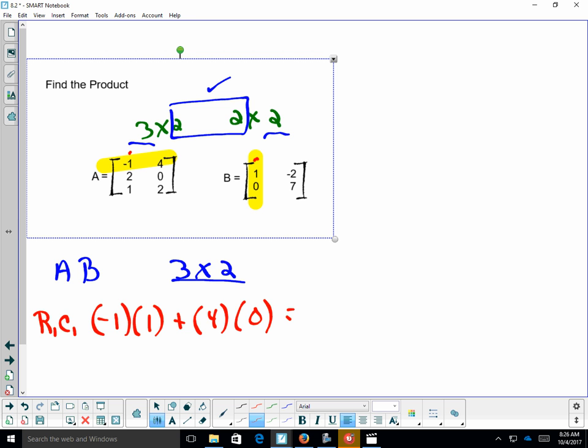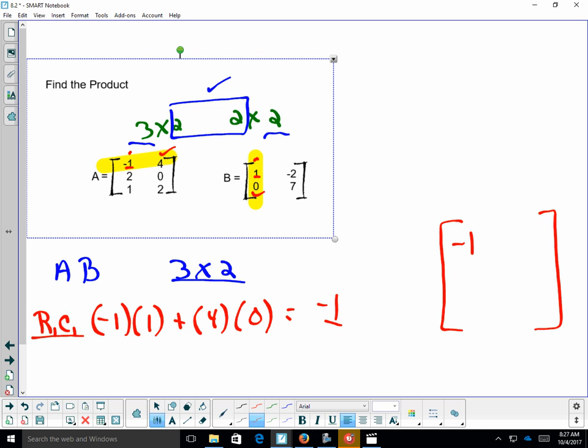So I took -1 times the 1, and I took the 4 times the 0. And that's why those two dimensions have to match. So I'm going to have -1 plus 0, and that's going to be -1. If I'm keeping track of my answers, if I wrote myself a note over here, row 1, column 1 is going to be this -1. So in row 1, column 1, I'm going to write a -1.